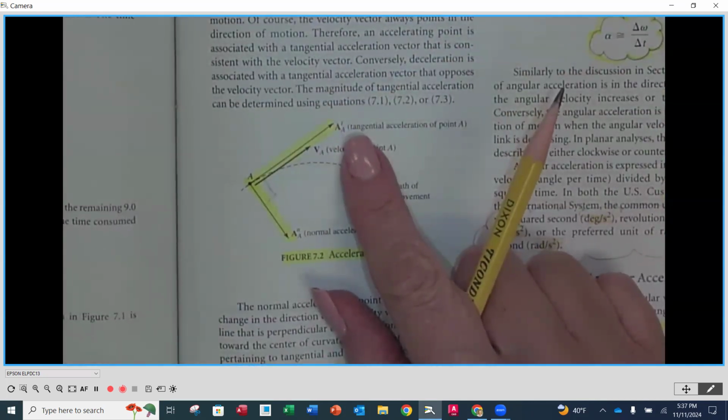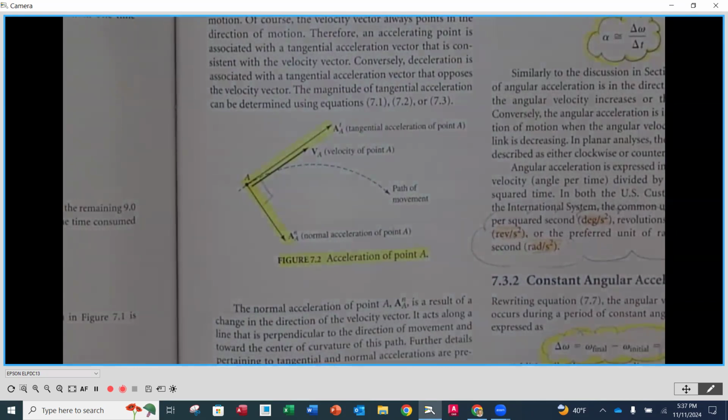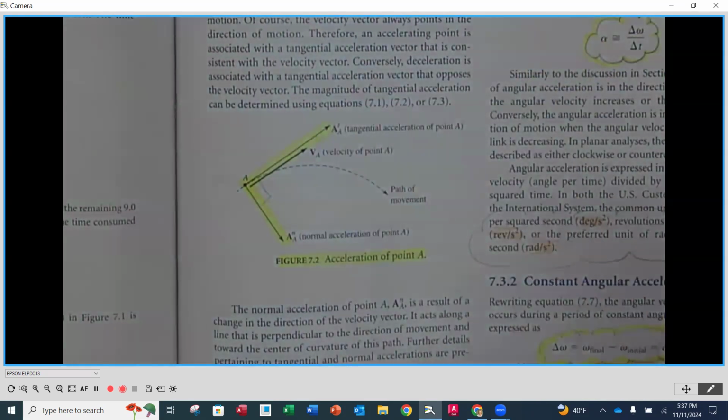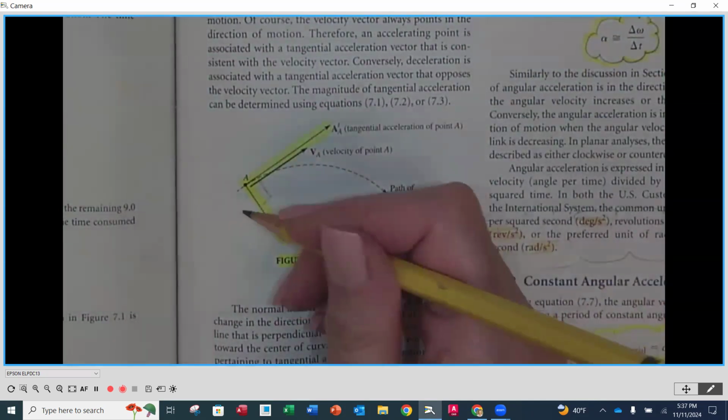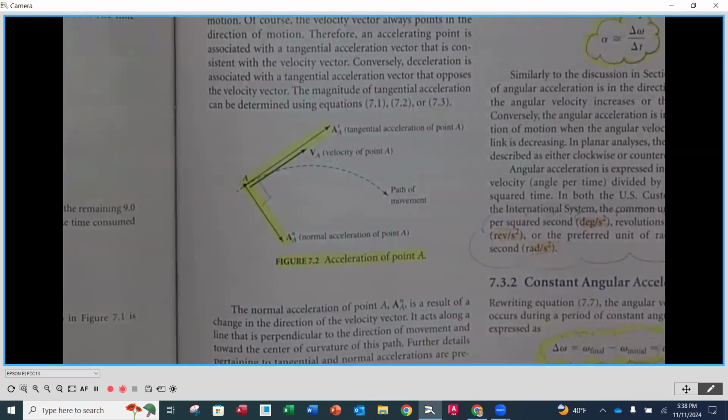The way this is drawn, I can see that it's speeding up because the acceleration is in the same direction as the motion. If it was in the opposite direction, still perpendicular to that radius, it just means we're slowing down. The motion still goes the way the velocity is, but we're getting slower and slower as time goes by.